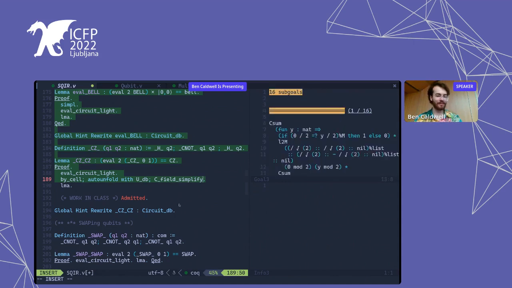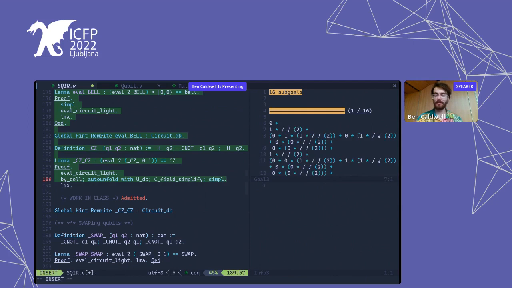So it doesn't seem to be able to see. What happens if we simplify this? Oh yeah, because the L2M will simplify. So let's throw the simplify in earlier.